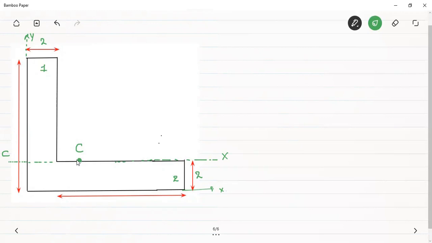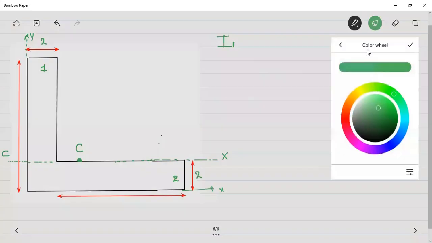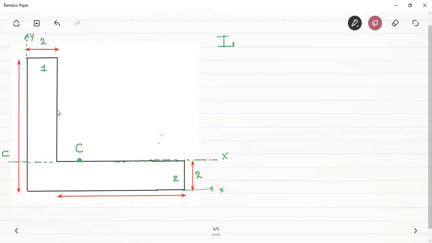So let's calculate the moment of inertia of the first rectangle about the centroidal x-axis. I don't directly know the moment of inertia of the first rectangle about this centroidal x-axis of the complete figure, but what I know is the moment of inertia of this rectangle about its own centroidal x-axis. This is its centroid.